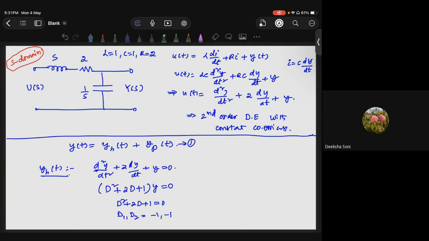Then your yh of t will be k1 e power minus t. Because both the roots are the same, we write (k1 plus k2 t) e power minus t. Am I correct? Yes, sir. So that is one solution.